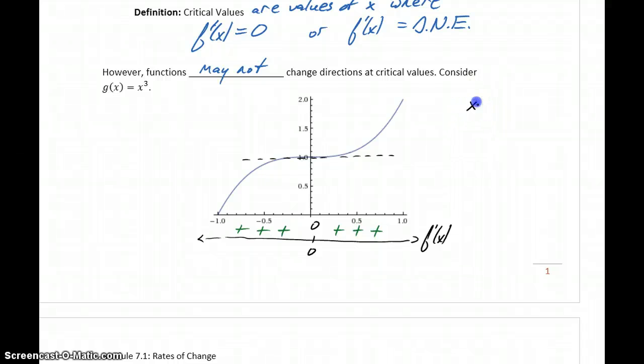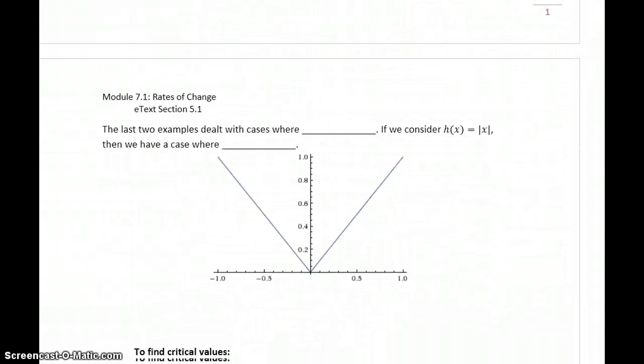In this example, x equals 0 is still a critical value, but in this case, the direction of our function didn't change. Our function leveled out and then just continued increasing. So to understand where our function changes directions, we want to find these critical values, but then we also have to look at the behavior of the graph on either side of that critical value, because they don't necessarily guarantee that we found a value where our function is going to change from increasing to decreasing.